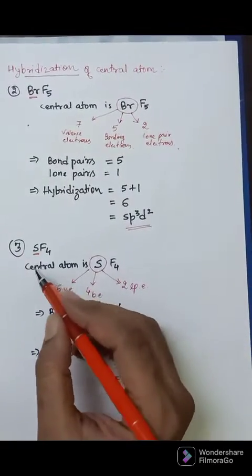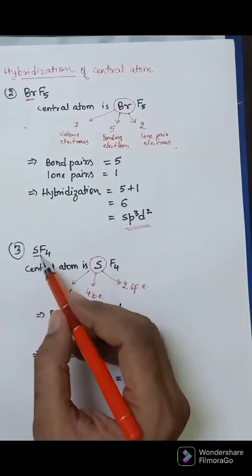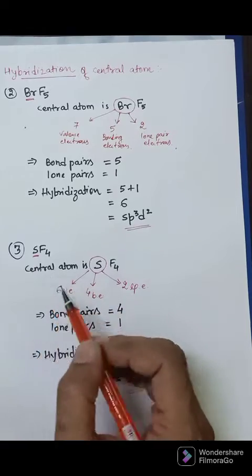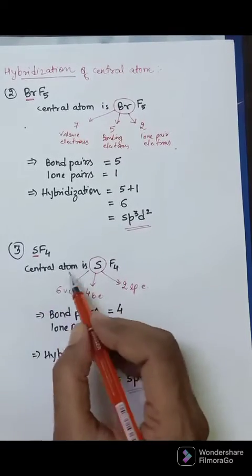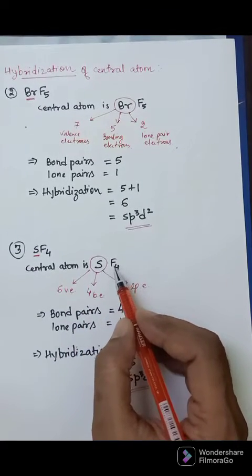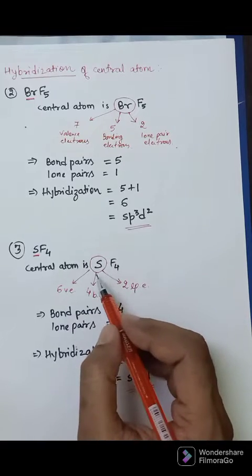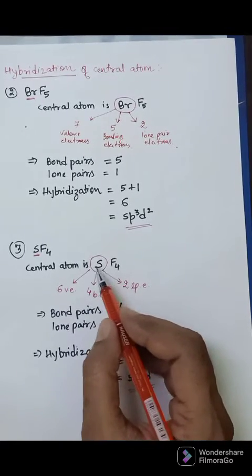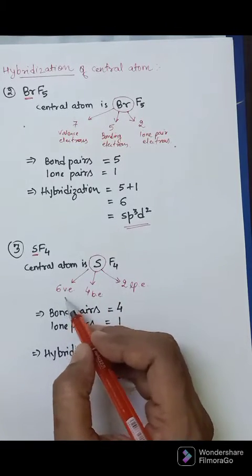Now one more example I will discuss. Example number 3 is SF4, which has 1 sulfur atom and 4 fluorine atoms. So obviously the central atom will be sulfur, and it is associated with the 4 fluorine atoms. Now we know the central atom, so the valence electrons of the central atom, sulfur, is equal to 6.